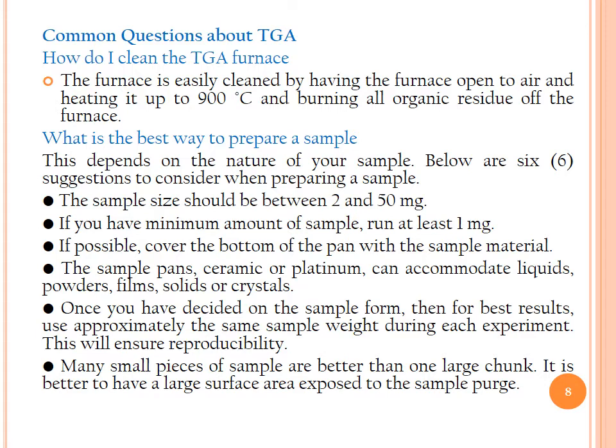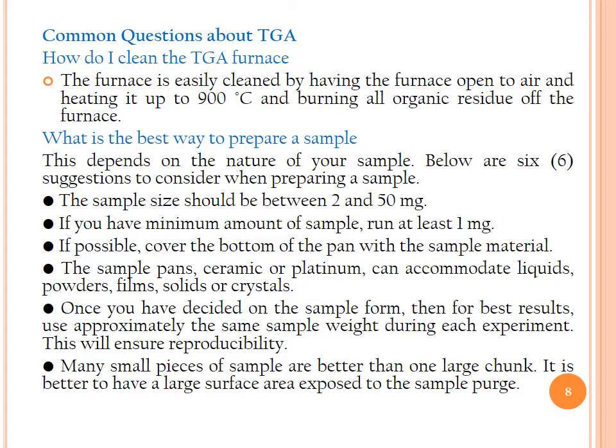Once you have decided on the sample form, for best results use approximately the same sample weight during each experiment to get reproducible results, as we discussed on the last slide. This will ensure reproducibility.